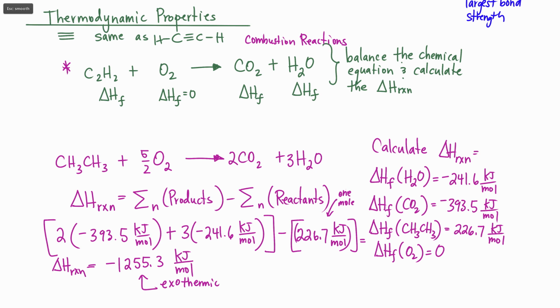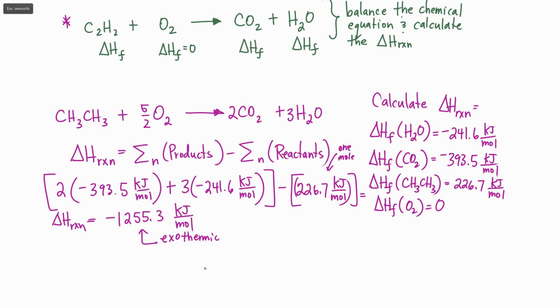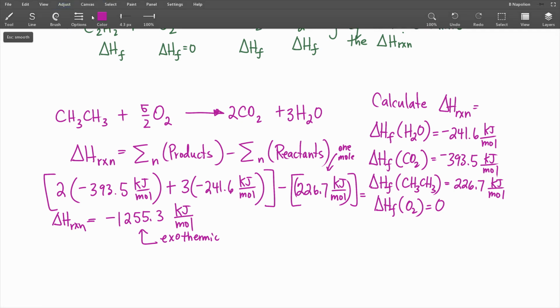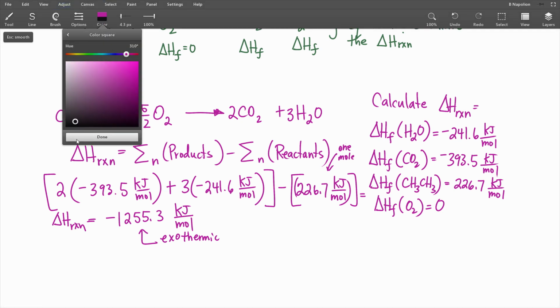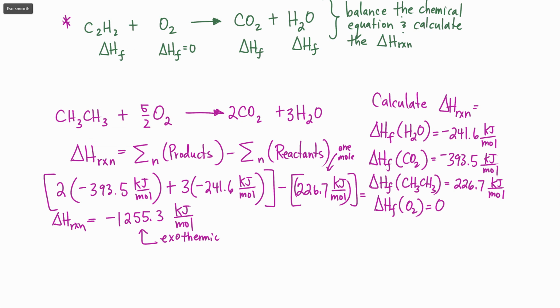Now, you also can, if you know the delta H of the reaction and you know the heat of formation of CO2 and the heat of formation of H2O, you could actually go back and calculate the heat of formation of CH3CH3.